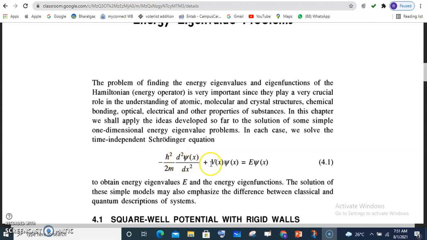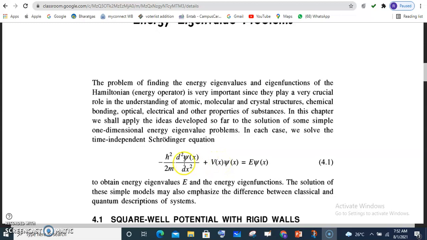The meaning of the left hand side is that the Hamiltonian operator operates on a wave function. The Hamiltonian operator consists of two parts. This is the kinetic energy part, that is minus h-bar squared by 2m d squared by dx squared, and V of x is the potential energy part.